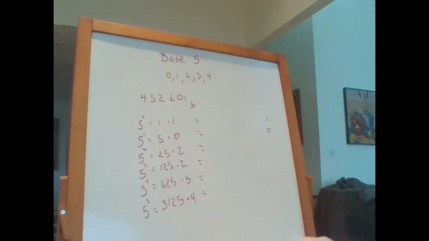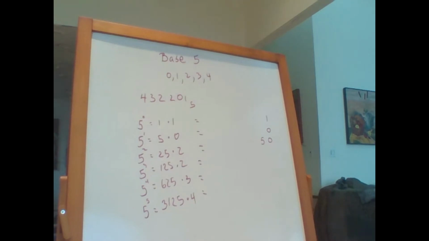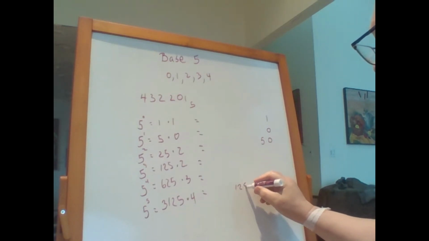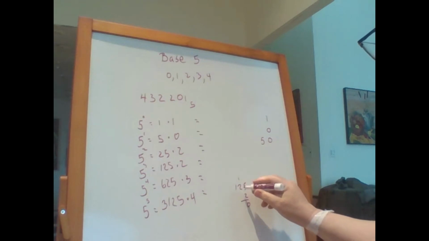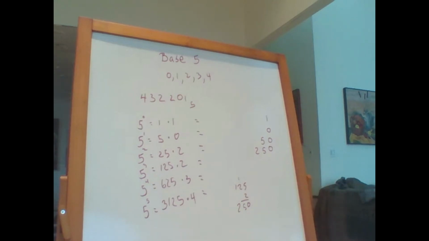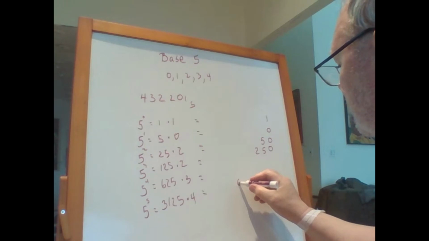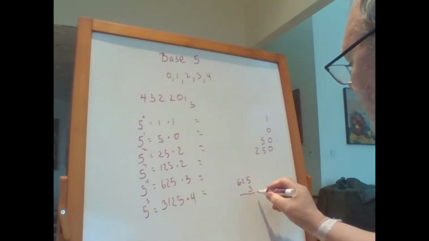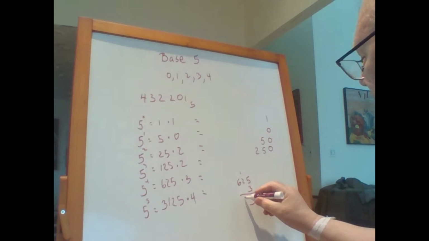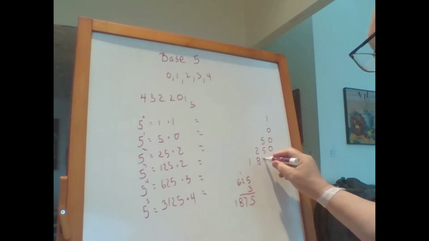That's 50. 125 times 2 is 250. Three times 625. So 625 times 3 is 1875.